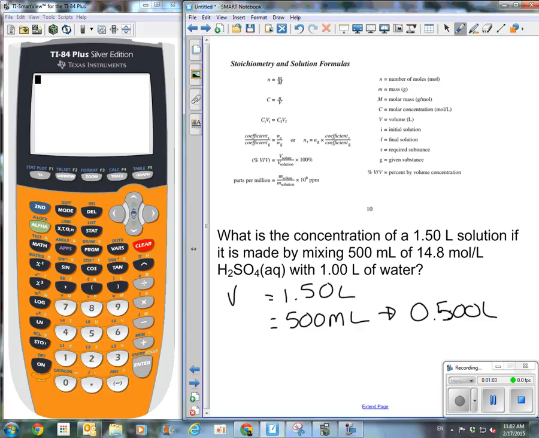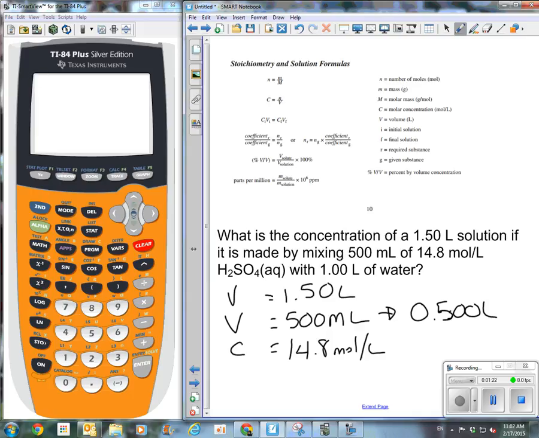Sorry, that's another volume. I have this concentration here of 14.8 moles per liter, so that's a concentration, with 1 liter of water.